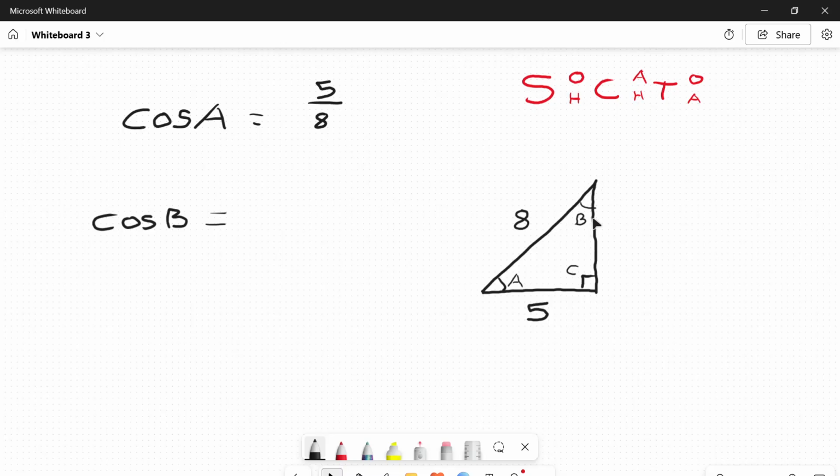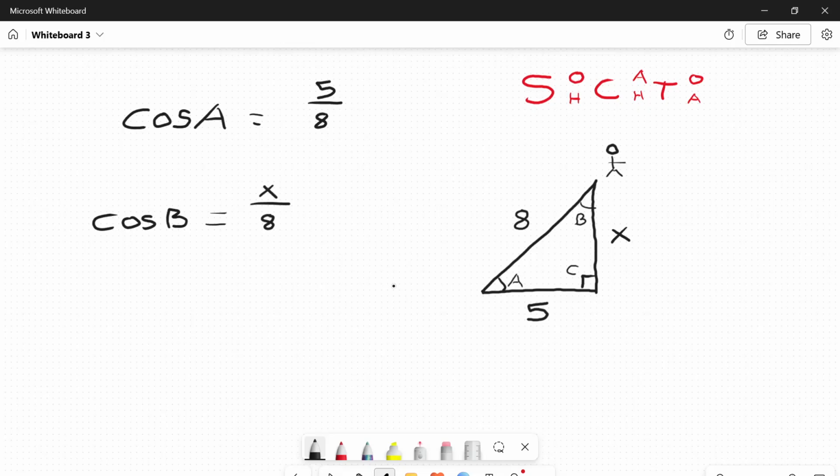If I anchor my point of view right here, you can almost imagine that there is a person standing right here at corner A. They need to look at the adjacent side of angle B, and they need to look at the hypotenuse for angle B as well. We don't know what the adjacent side of angle B is right now. I'll go ahead and call it x, just because we don't know what it is. So the adjacent side for angle B is x, and the hypotenuse is still 8.